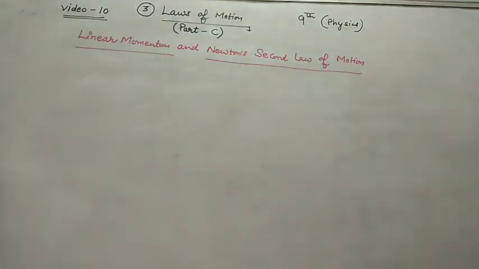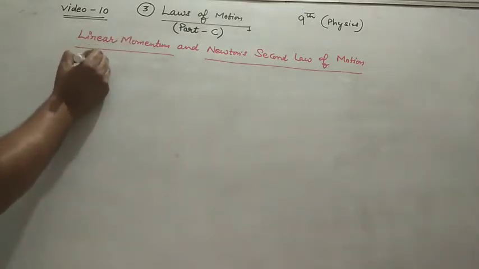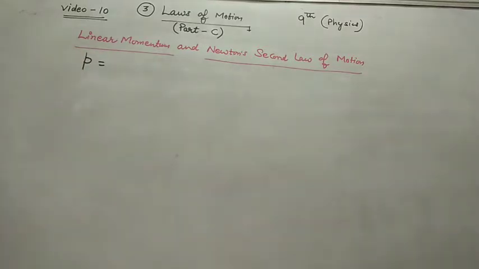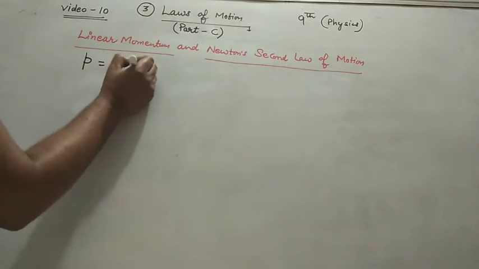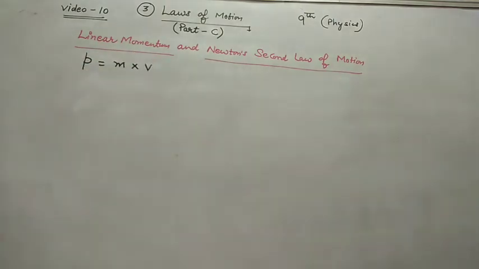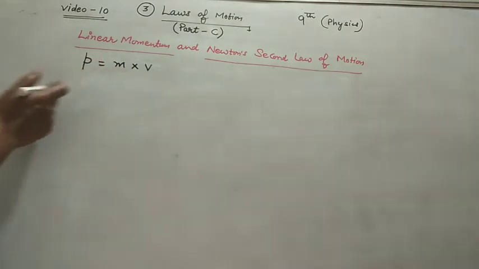First, we'll discuss linear momentum. Linear momentum is represented by the letter P and it's a vector quantity. It is the product of mass and velocity. M is the mass, V is the velocity.